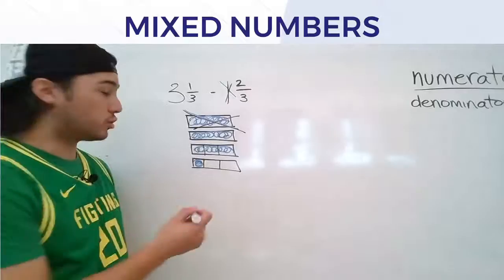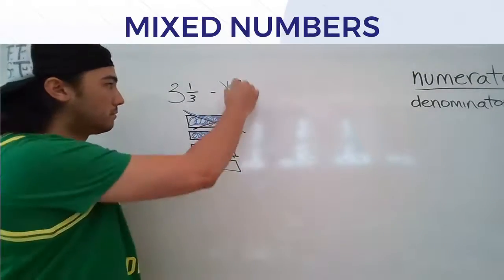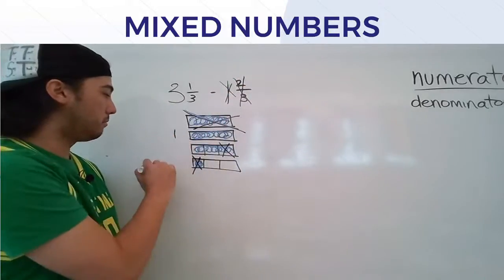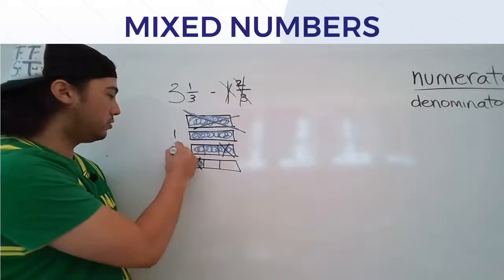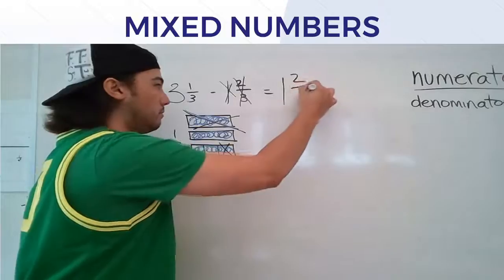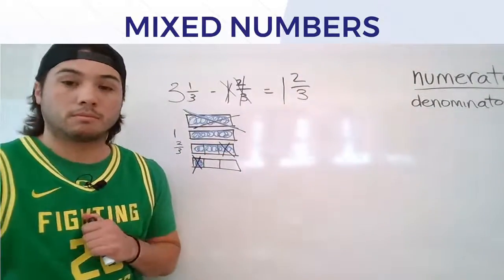So then we can subtract 1/3, 2/3. And then, what are we left with? We're left with 1, and we're left with 2/3. Make sense?